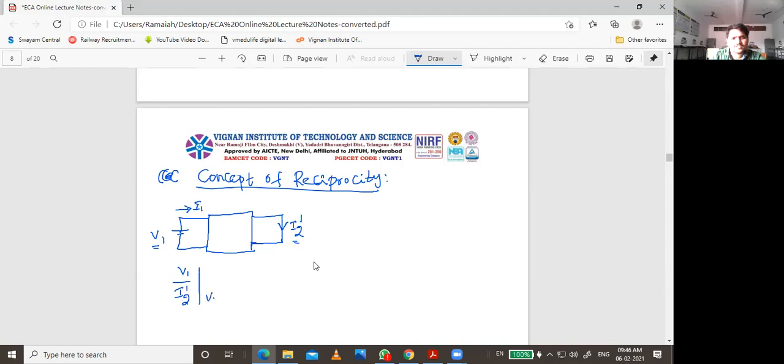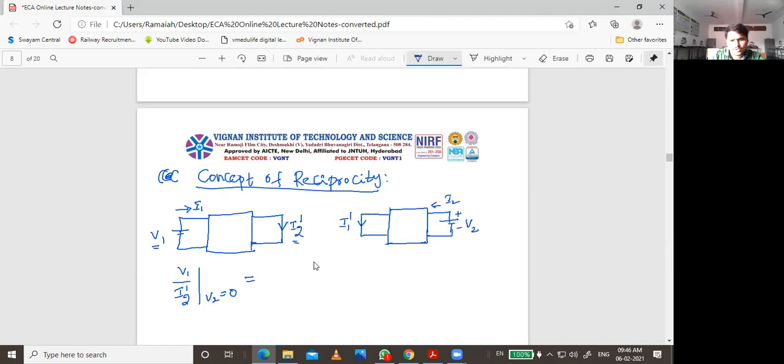when the other port is short circuit, that is V2 equal to 0. So we are interchanging the condition. Now see, applying the port 2 voltage V2 and current is I2, and we are short circuiting port 1 and we are finding the I1 dash.